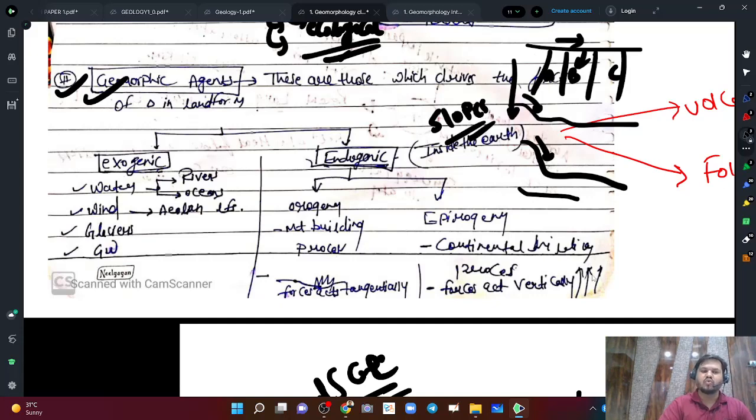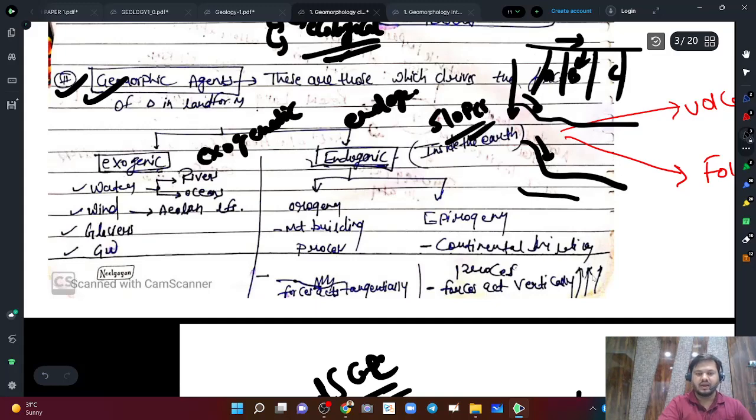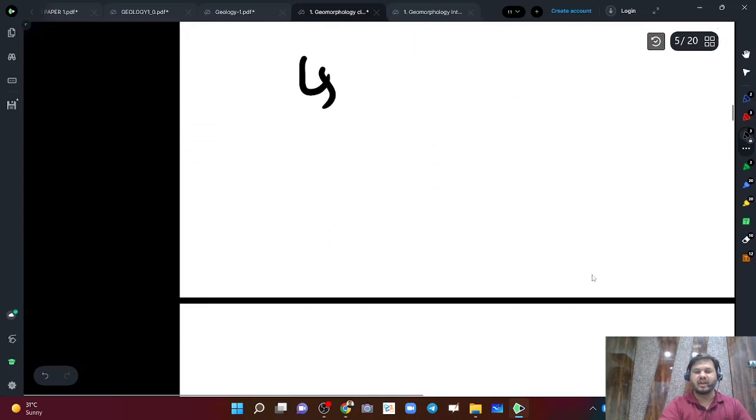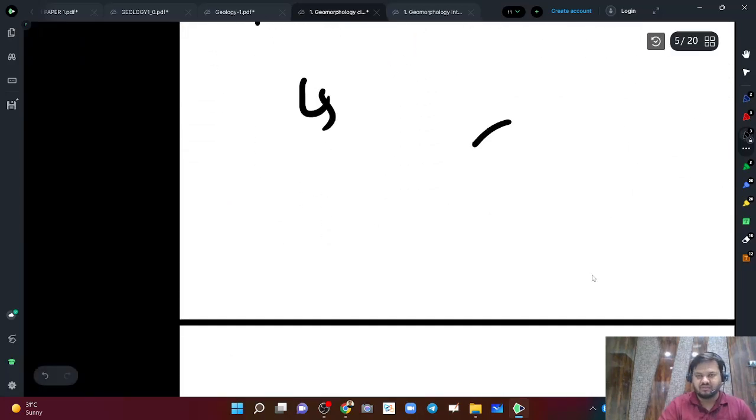So basically there are two kinds of geomorphic agents. One is exogenic, another one is endogenic, or they are also written as exogenetic and endogenetic, right? Suppose this is the surface of the earth, and this is our atmosphere basically.